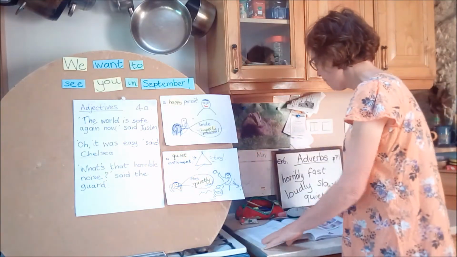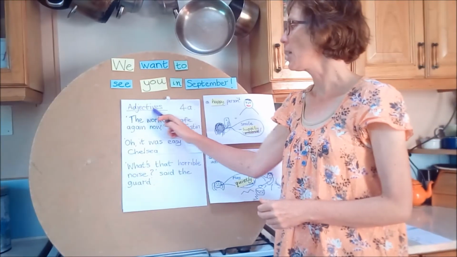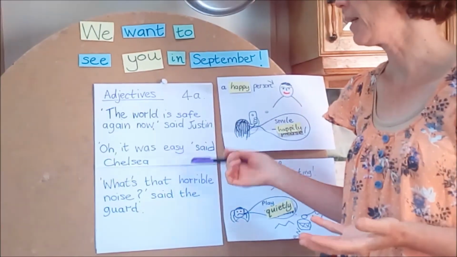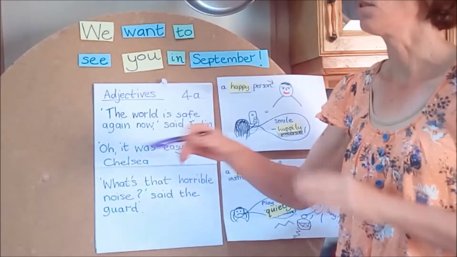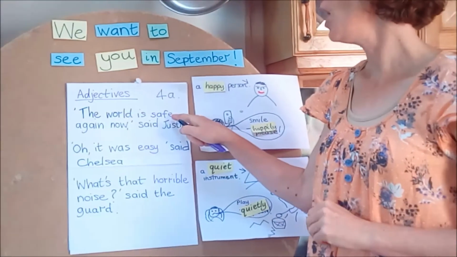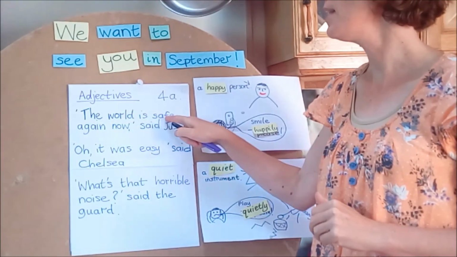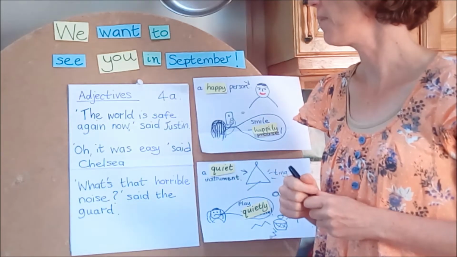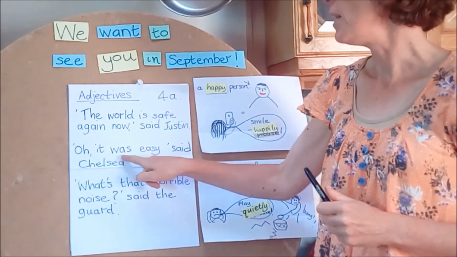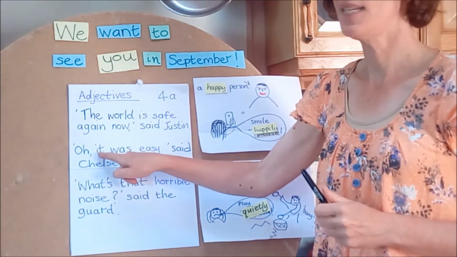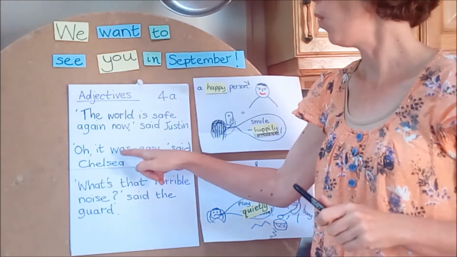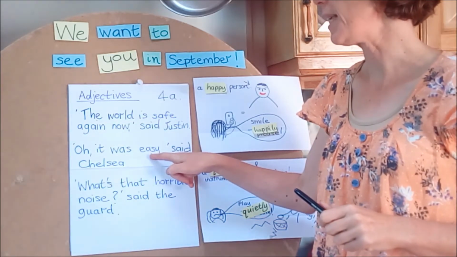So, first of all, adjectives. Adjectives describe things, like the world, the planet. Justin says the world is safe now. The world is safe. And Chelsea says escaping the thing was easy.